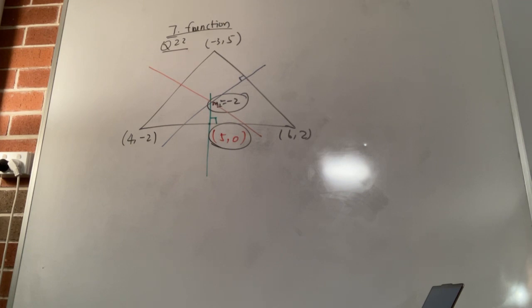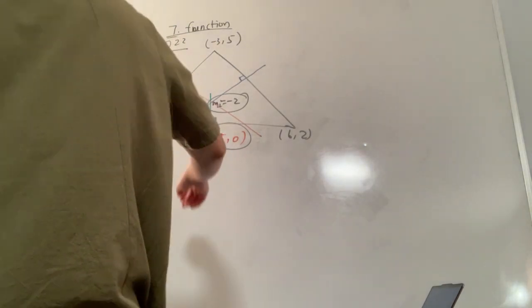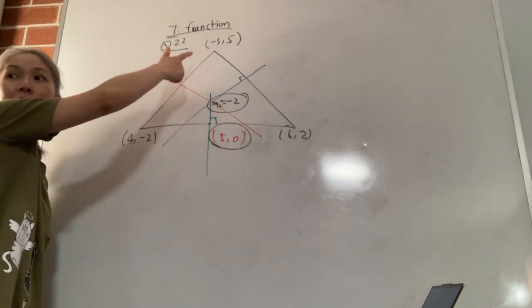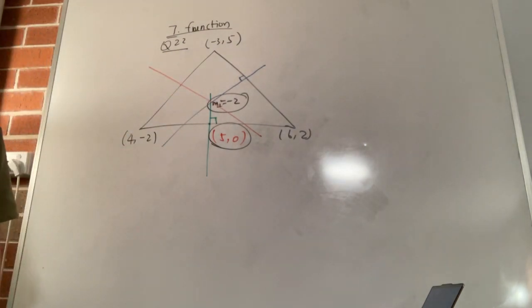Whenever you want to find an equation, that is the formula you use. Yeah, that's right. And then you repeat all over again with the other two. So that means you need to find the midpoint, then find the gradient, and do the perpendicular gradient.